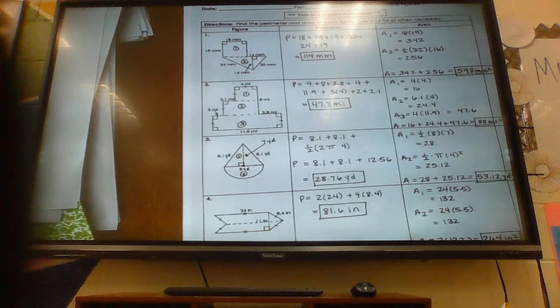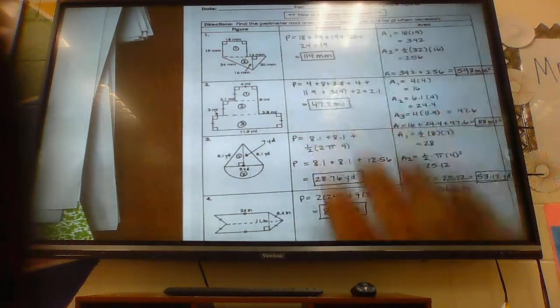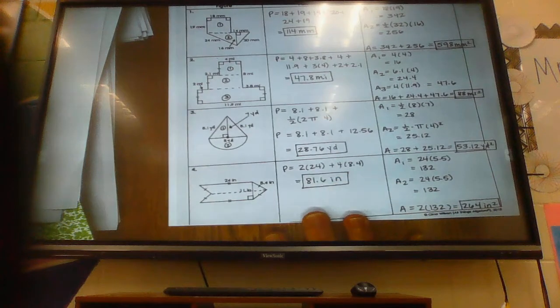Yes, Addison. Yes. So let's just say I got the area, but I missed the perimeter. Would that be 1/2? Yeah. Okay.